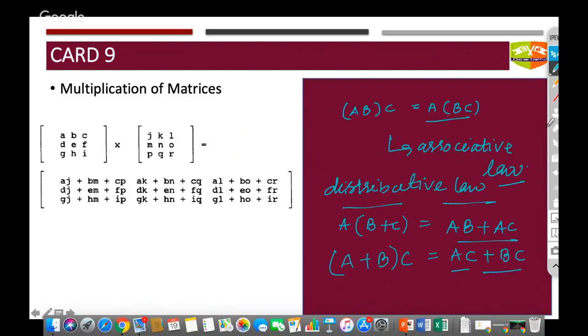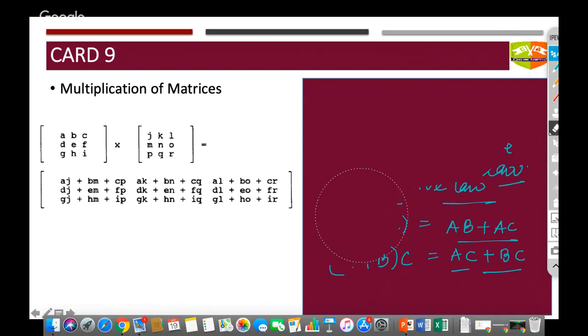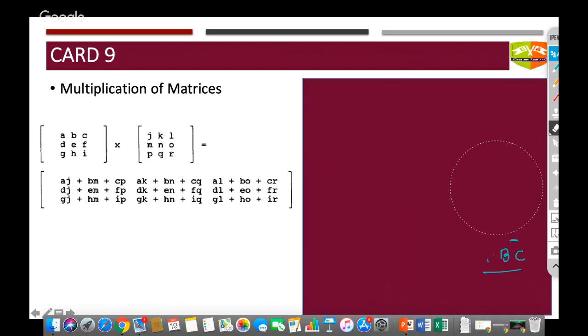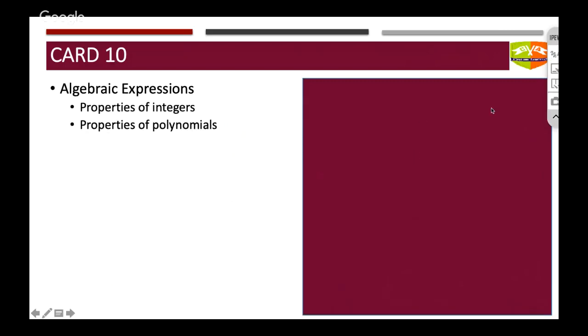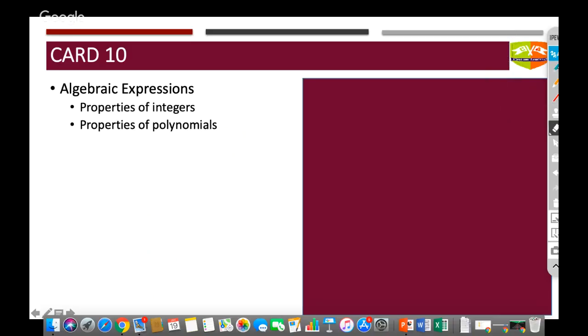Now let me move to the other topic, which is algebraic expressions. Algebraic expression is a very important topic for the CBSE board, and you can see very tricky questions which come from this topic.